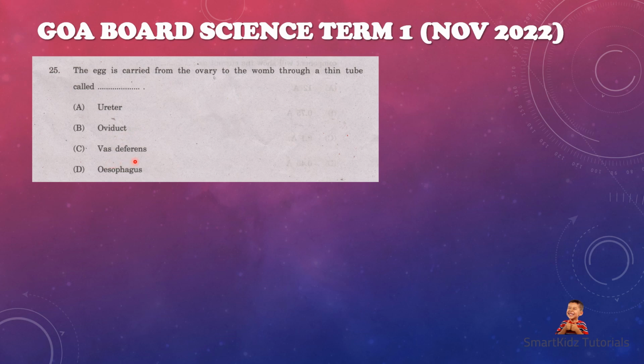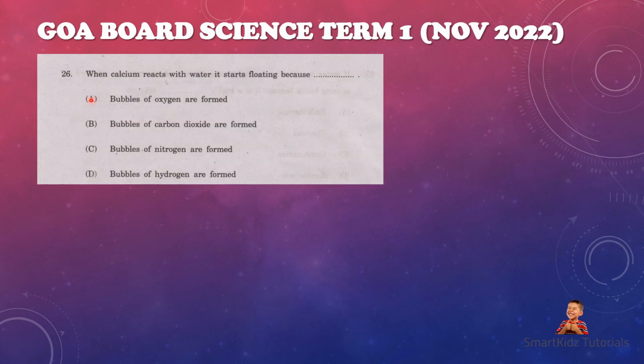Vas deferens is present in the male, so rule that out. Esophagus is dealing with your alimentary canal, so rule that out also. The only thing here is the oviduct, oviduct, ovary, so that should ring a bell, that is referring to the oviduct.